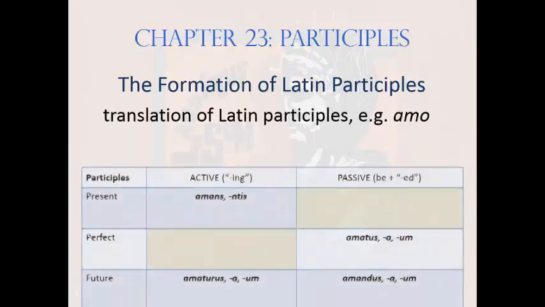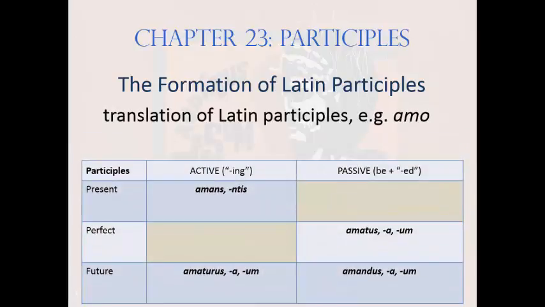That raises the question of what these forms mean and how to translate them, which at heart is not at all a difficult process. Each of the Latin participles has a simple, if not always idiomatic, English equivalent, which in most instances is enough to render a passable, if not always elegant, English translation.